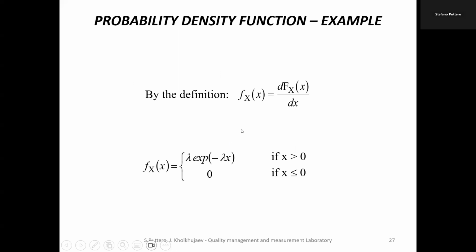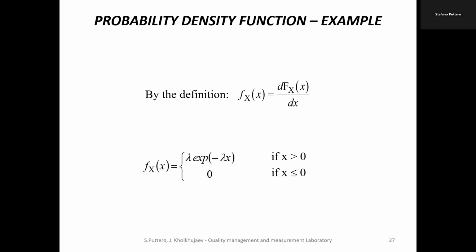Of course, by using the derivative. I don't want to go into details at this moment. But the point is that now we can represent the distribution graphically.